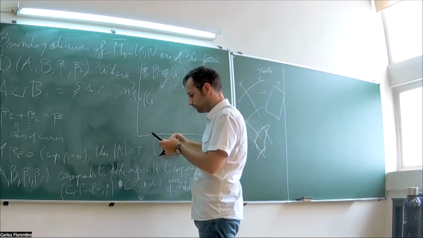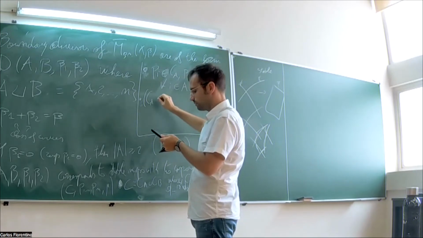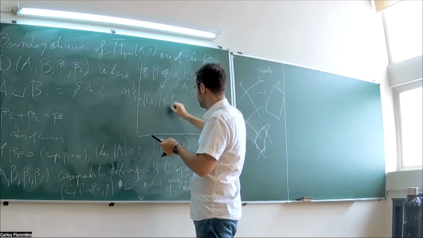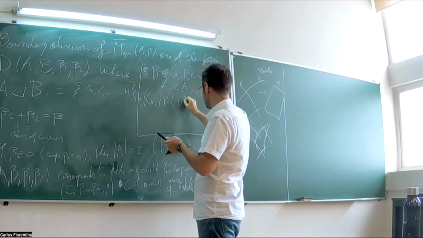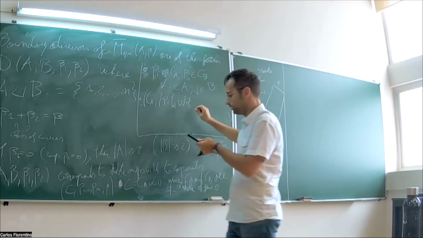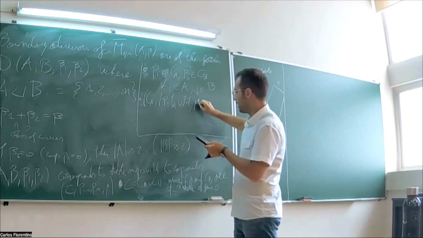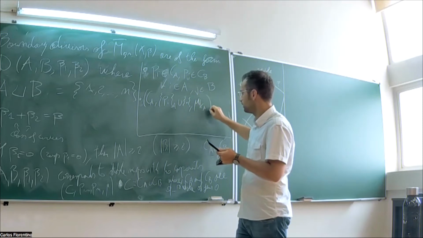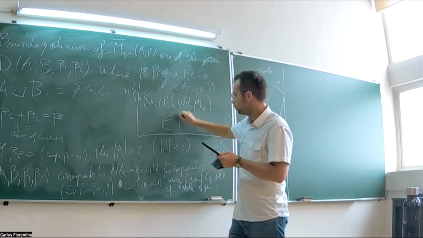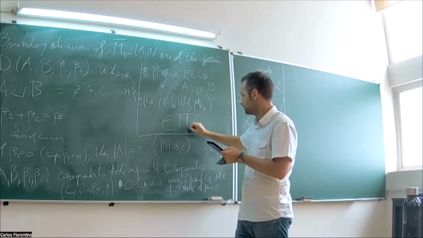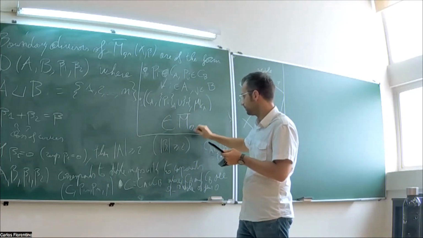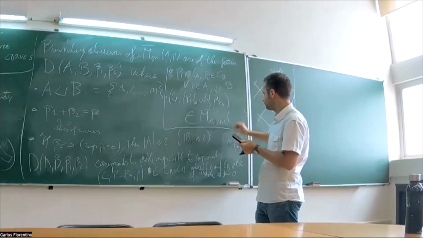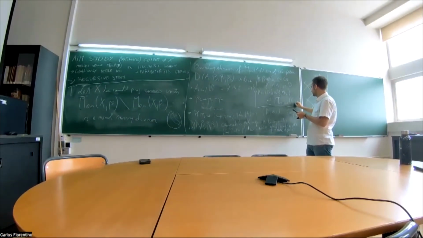CA union this point, and mu the map restricted to CA, belongs to M0, cardinality of A plus 1, X beta 1.